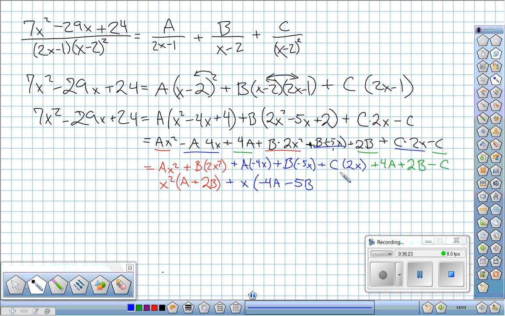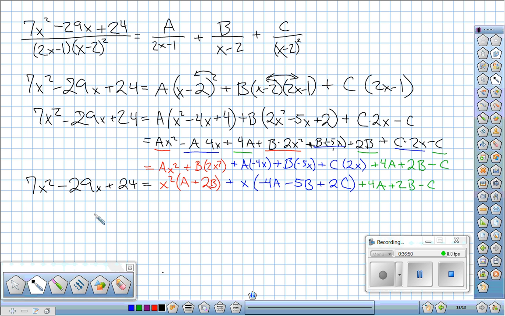If I pulled an x out of this piece, I'd be left with a 2c. Changing my colors. I have nothing to pull out of these guys, so I would have just the same thing, 4a plus 2b minus c. Then I'm going to go ahead and rewrite my older stuff that I had on this left side before that I was just getting lazy with and not writing every time.